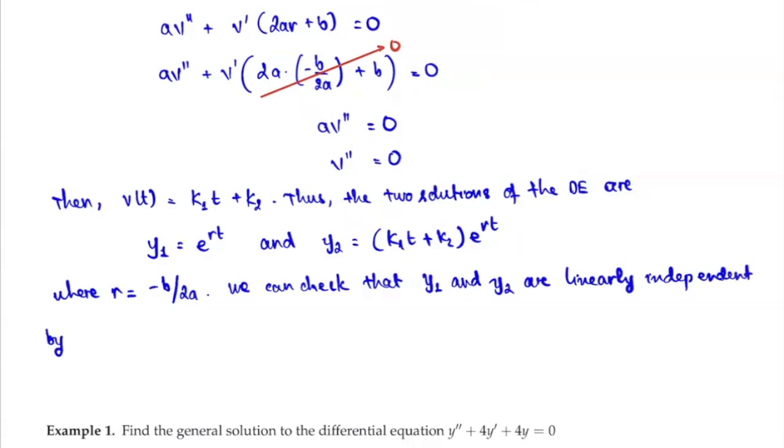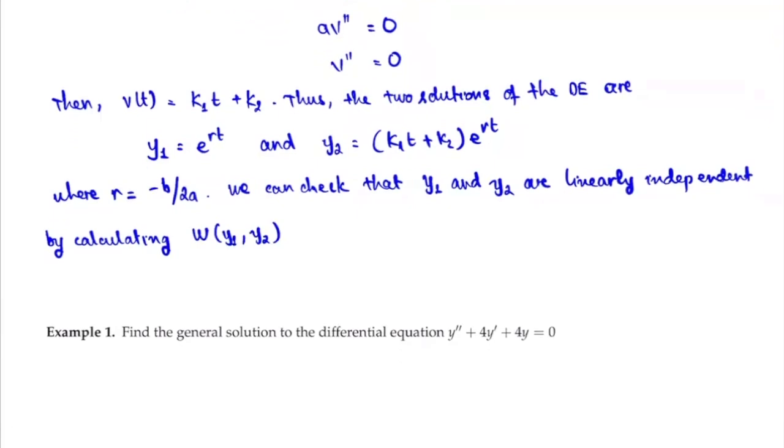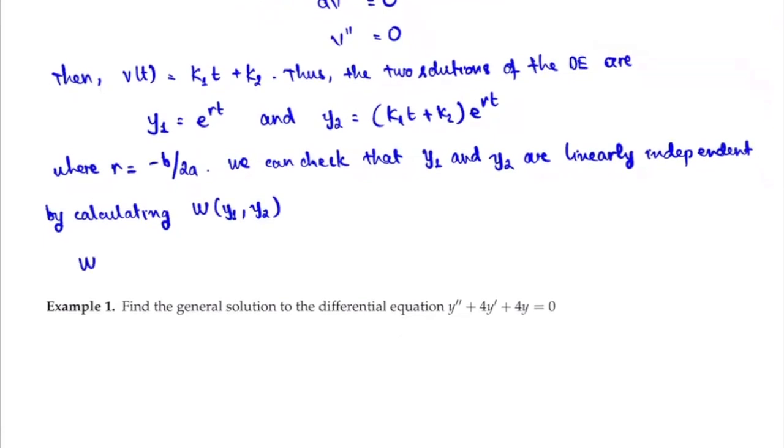Let me quickly do the calculations for the Wronskian here. The Wronskian of y1 and y2 is equal to the determinant of y1, y2, y1 prime, y2 prime.